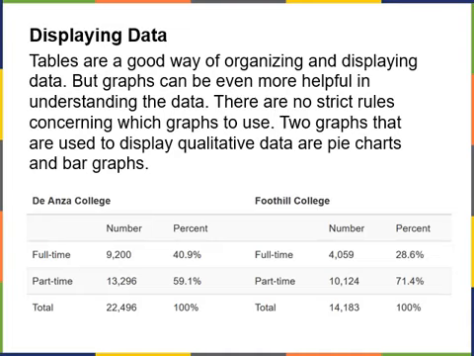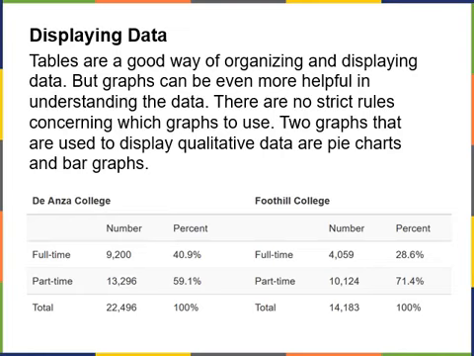Displaying data. To make data understood by the average person looking at it, we need to display it in some sort of format that makes it easier to understand what we're trying to present. Okay? So tables are a good way of organizing and displaying data.